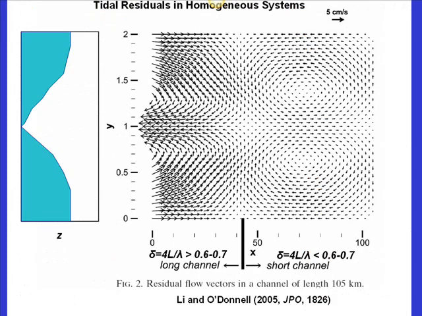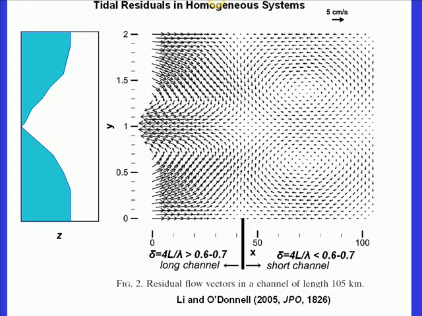So there are the resulting patterns from those three mechanisms. This is the main idea of this whole development that we've talked about up to now. That the tidal residuals will consist of a pattern of net inflow in the channel, net outflow over the shoals, if you have a channel that's close to a standing wave or a short channel.